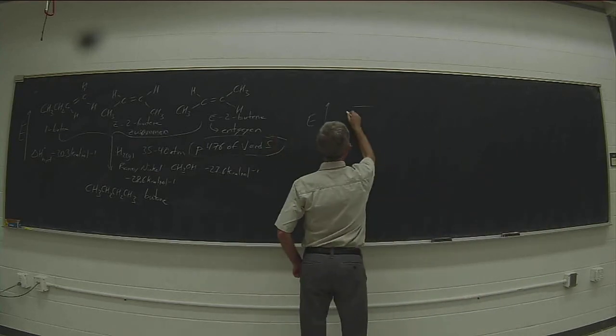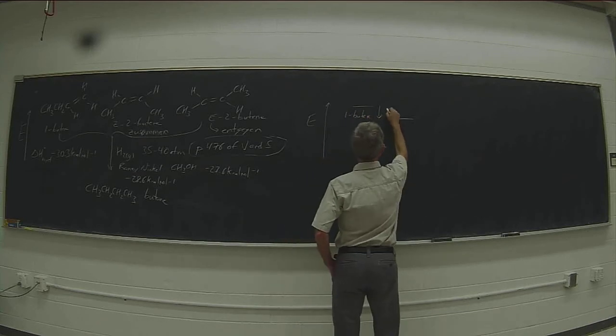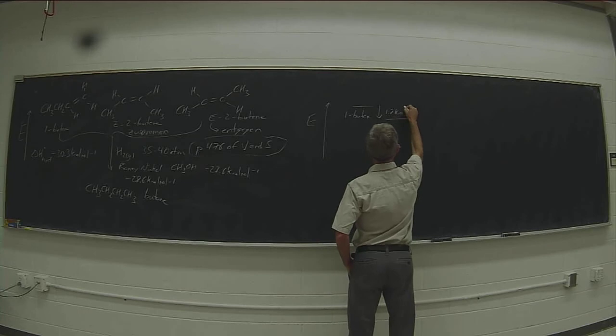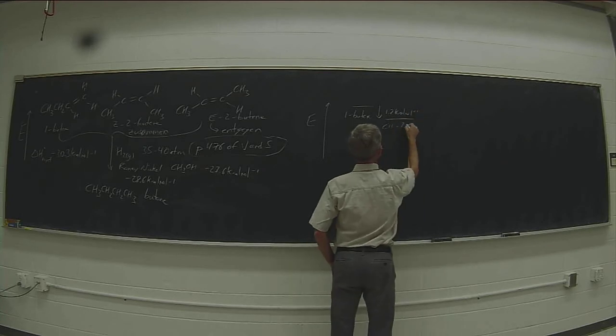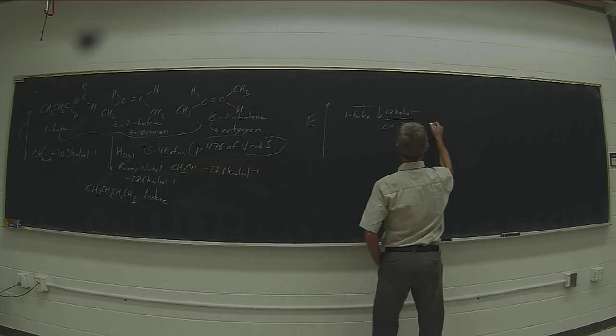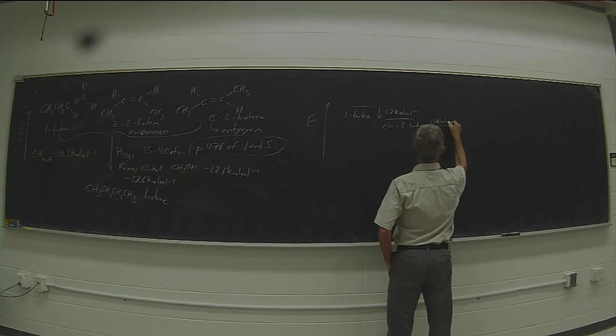So 1-butene is here, and then 1.7 kilocalories per mole lower is cis-2-butene. And another 1 kilocalorie per mole lower than that is trans-2-butene.